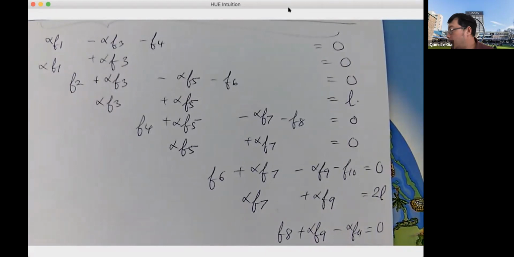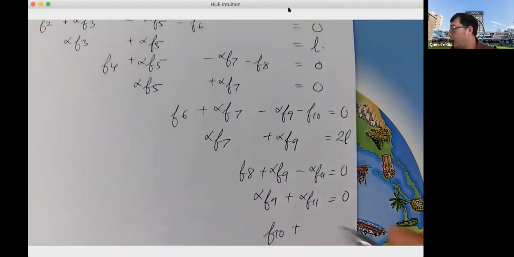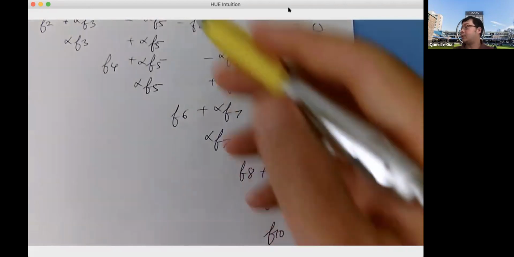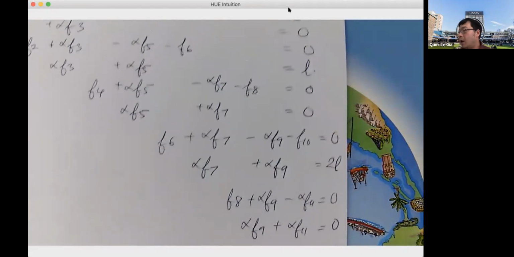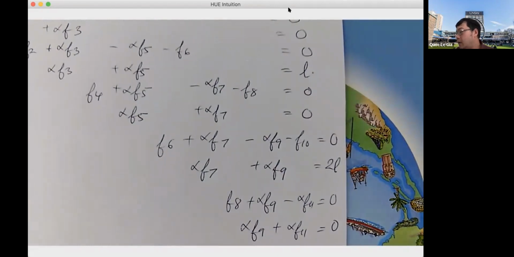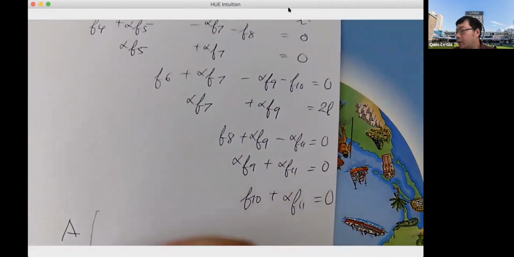And then F10 plus alpha F11 equals 0. So now what I want is to convert this into a linear system, right? I will convert this into a matrix A times the vector.